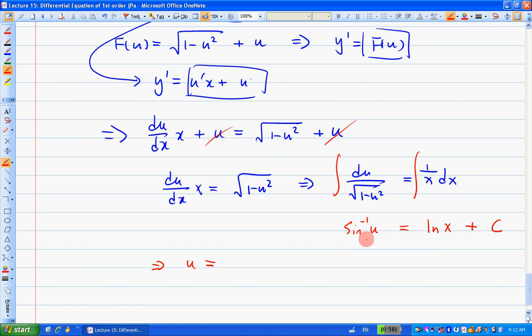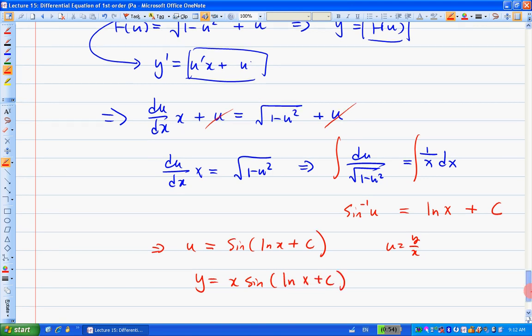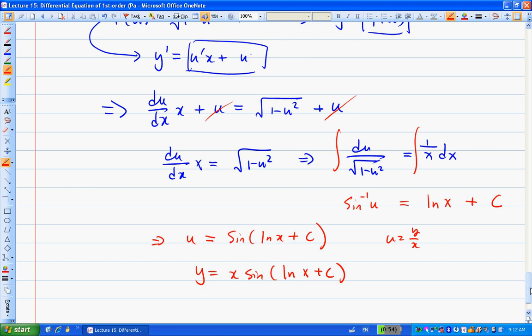Because this is arcsine, that means u equal to sine of ln x plus c. And what is u? u is y over x. So y equal to x times sine of ln x plus c. Okay, so that's the solution here.